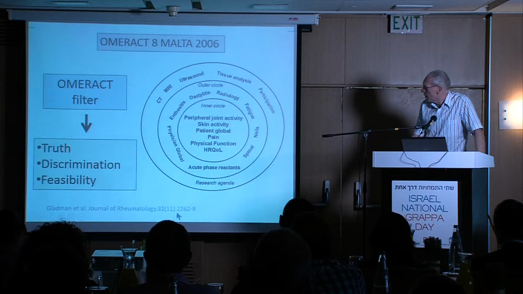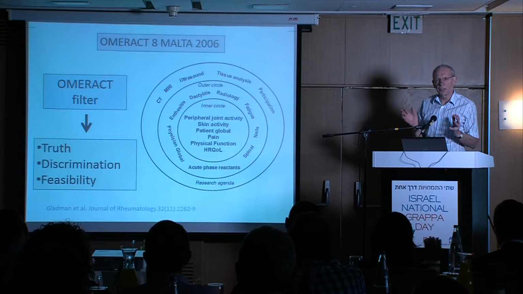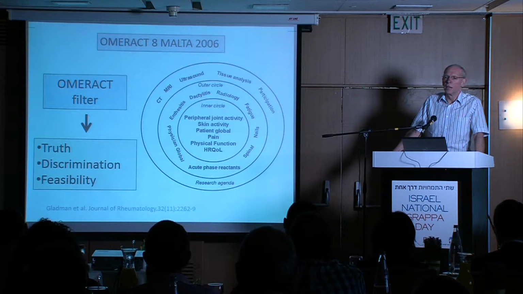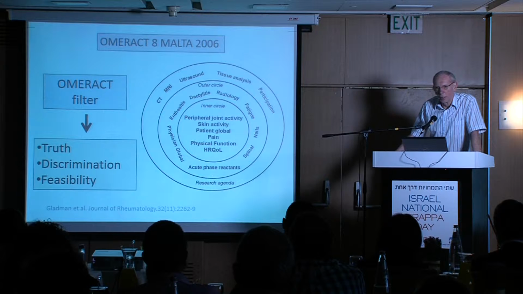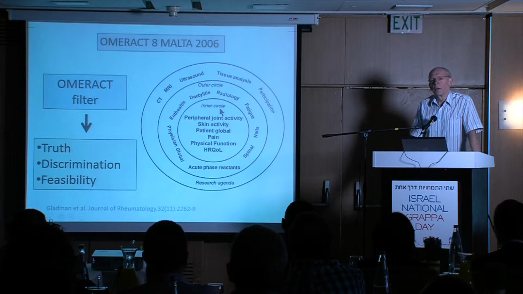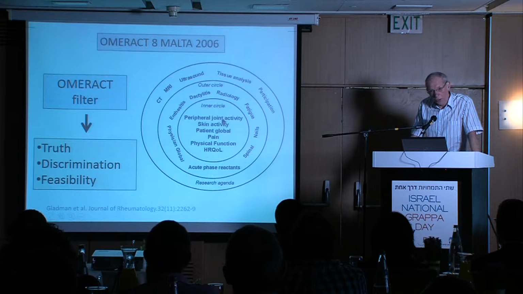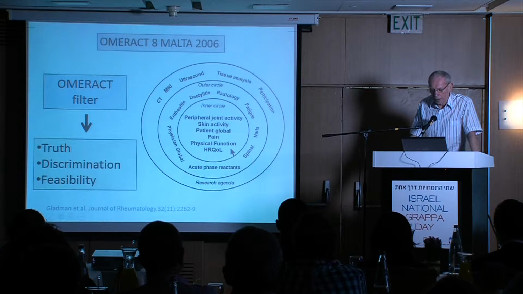And we ended up with these familiar three circles of outcome measures that we thought were important to measure in psoriatic arthritis. And the inner circle we felt were, as it were, mandatory to use in clinical trials going forward. And this includes peripheral joint activity, the skin, a patient global assessment, patient pain assessment, an assessment of function and quality of life.